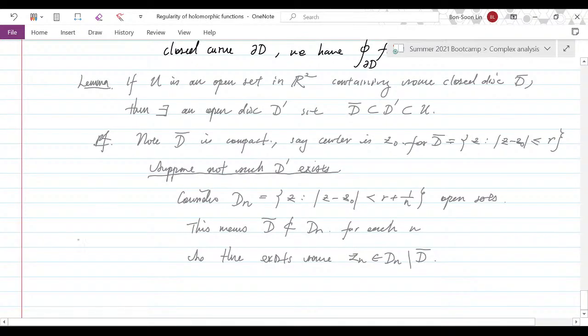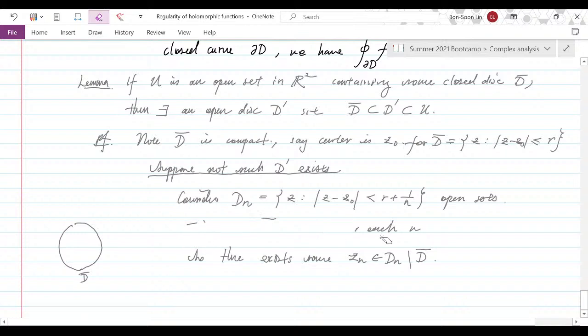All right, so let's draw a picture. Say this is our D bar, and well, actually I should say that is also in U. Okay, so this makes no sense. Hold on, of course D bar is always in Dn, but it's the not in U part that is hard.